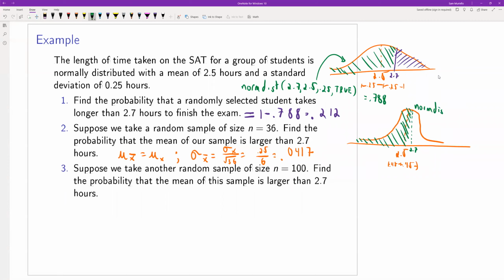Norm dist of 2.7, 2.5, 0.0417, and of course true. That gives us 0.9999991.